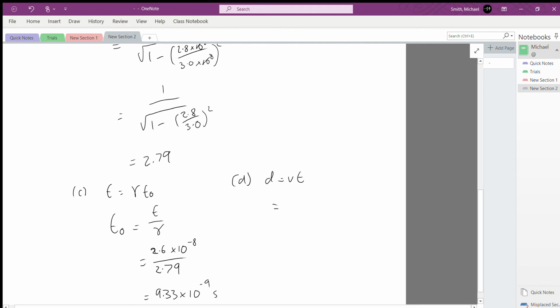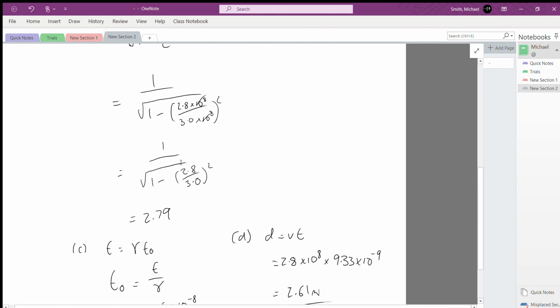And so our value will be 2.8 times 10 to the power of 8 multiplied by 9.33 times 10 to the power of minus 9. And if we substitute that into our calculator, we should get 2.61 meters. So that wasn't so bad.